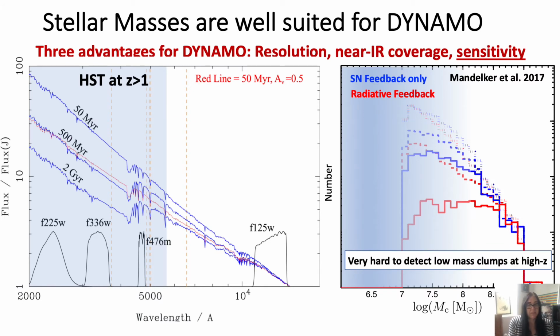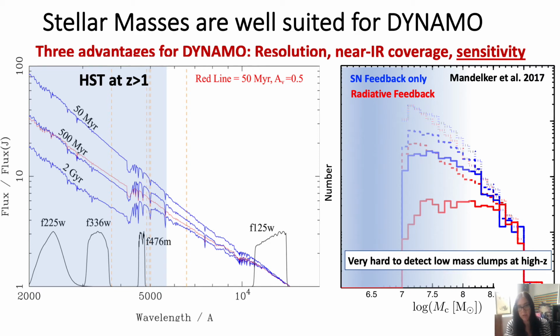This is very challenging to test at high redshift for multiple reasons. With DYNAMO galaxies, we don't just get an increase in resolution. We also get other systematic effects, and the left is showing one of those. We get access to near-infrared light. In local universe galaxies, it's not just the gold standard, it's really just required to have near-infrared light to get a mass-to-light ratio that you find trustworthy.